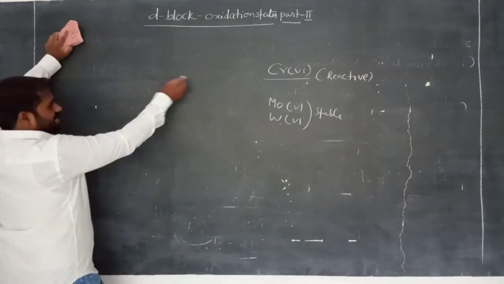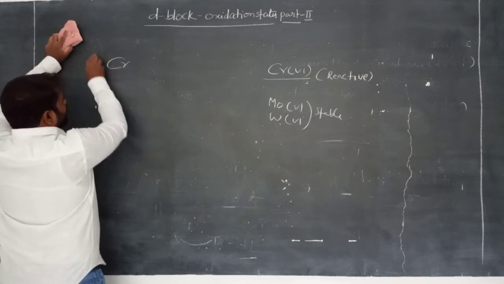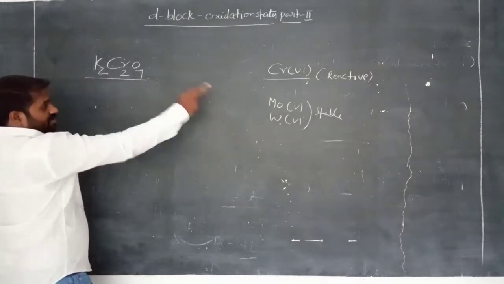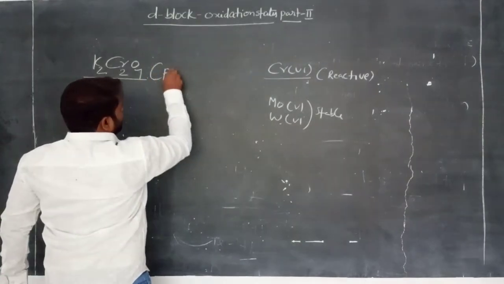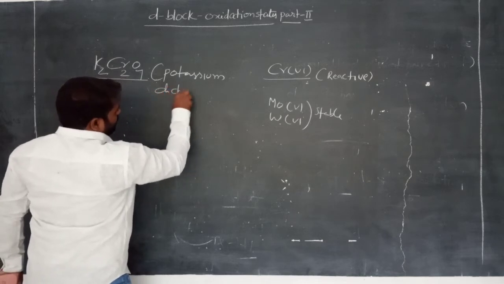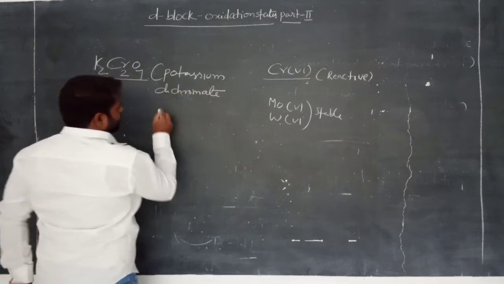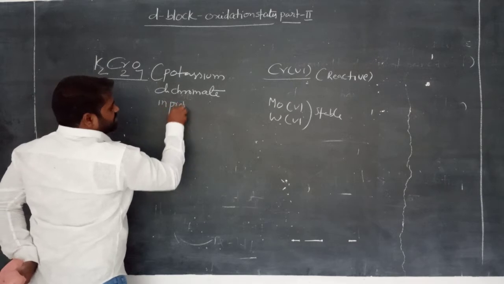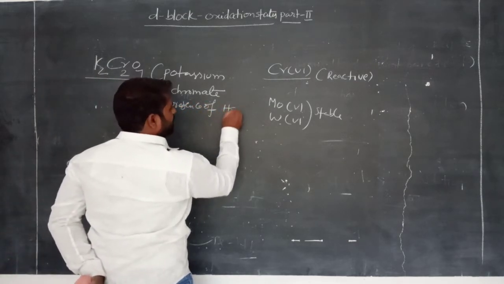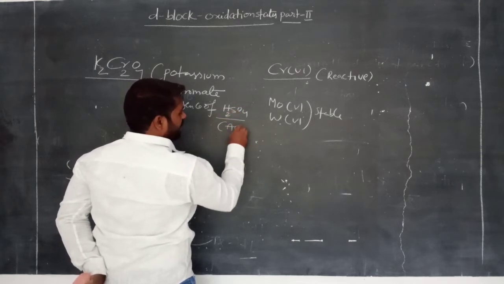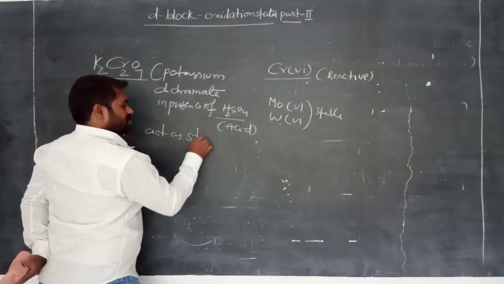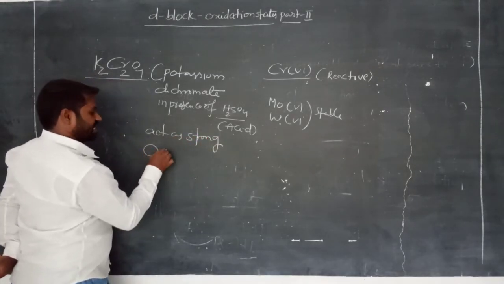So let's take the compound K2Cr2O7, potassium dichromate, where chromium is there. In the presence of H2SO4, sulfuric acid, which is called an acid, it acts as a strong oxidizing agent.